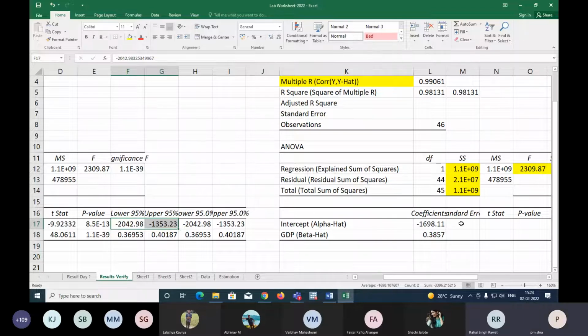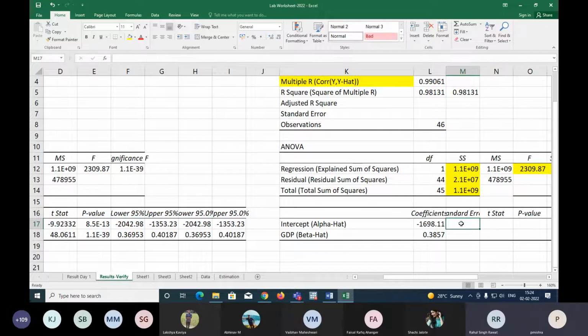What we need to do is compute the standard error of the intercept and the slope. How to do it?